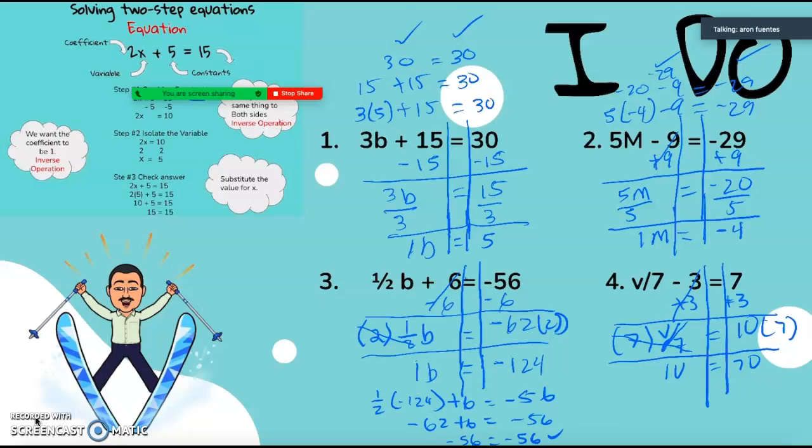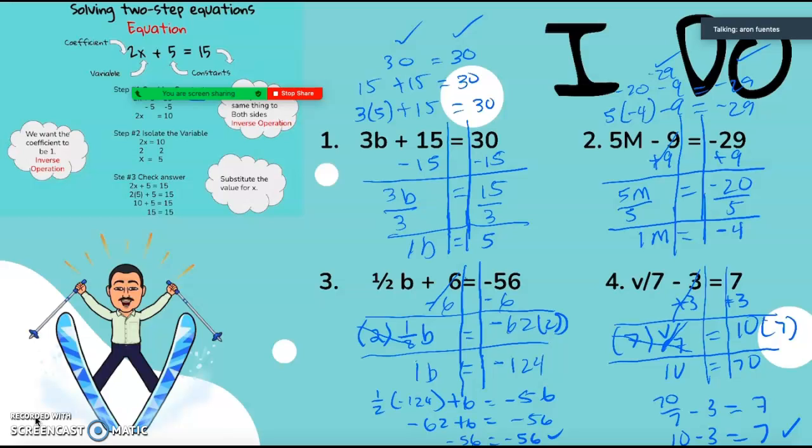Okay, now I got to come back and substitute that value into my equation, so that will be 70 divided by 7 minus 3 is equal to 7. 70 divided by 7 gives me 10 minus 3, and I know that 10 minus 3 is 7, so that is correct. Okay, so those are the 4 examples that I have for you today.